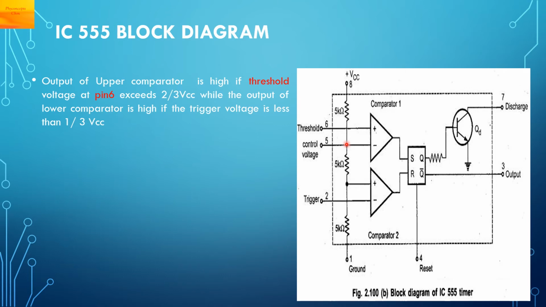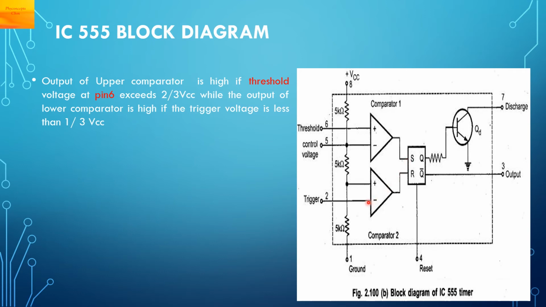So when the threshold voltage at pin number 6, that is the non-inverting pin, exceeds this 2/3 of VCC reference voltage, this comparator will give a high output and S will become high. S input of the RS flip-flop becomes high.